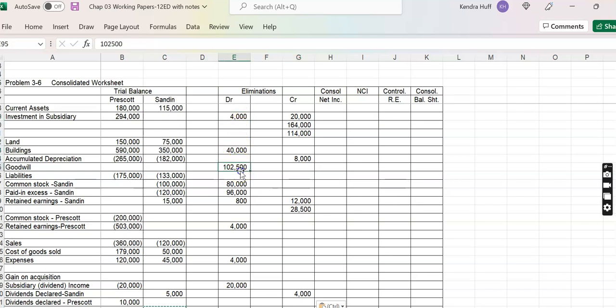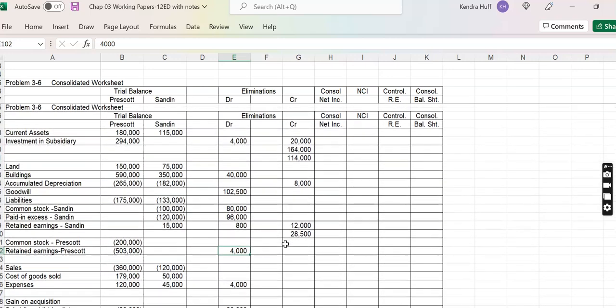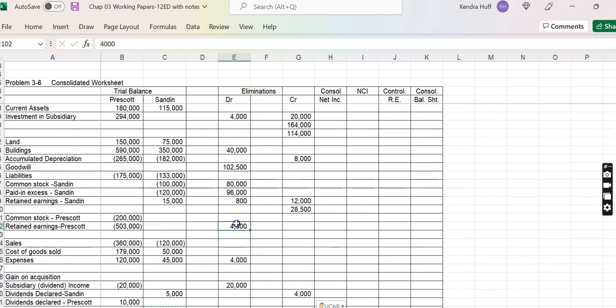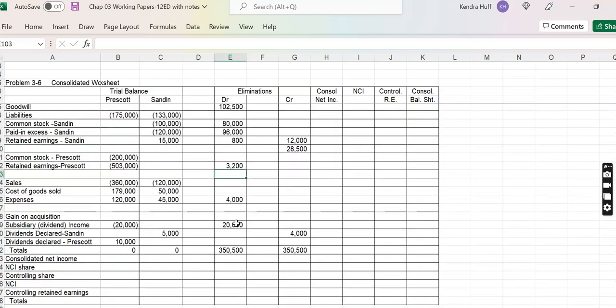Good ones. 1025. 80, 96, 8. Oh, that's not what that should be. That should be 3,200. Okay. All right, then we just have to finish it out.